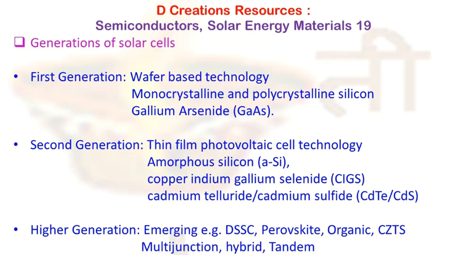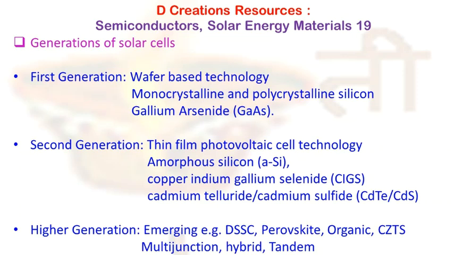Then cadmium sulfide solar cells, CdS, amorphous silicon solar cells, which is usually written as a-Si, etc.